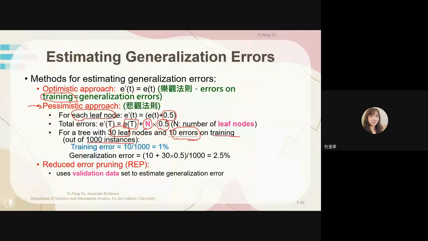Then we can say the optimistic error is 1%, training error equals the optimistic. 就乐观跟 training 是一样的意思，but the pessimistic is 10 errors plus 30 leaves, each estimated at 0.5, combined together and divided by 1,000.